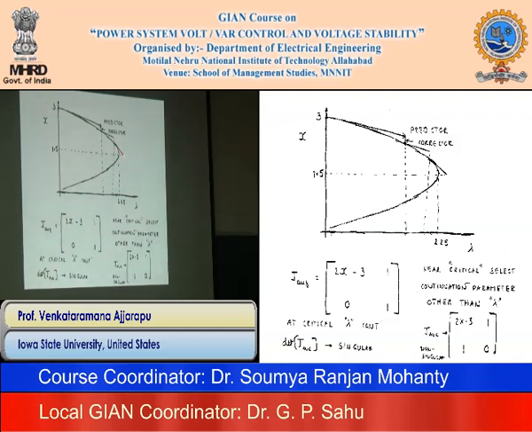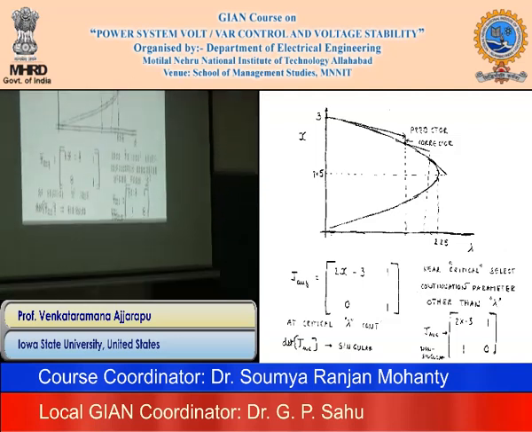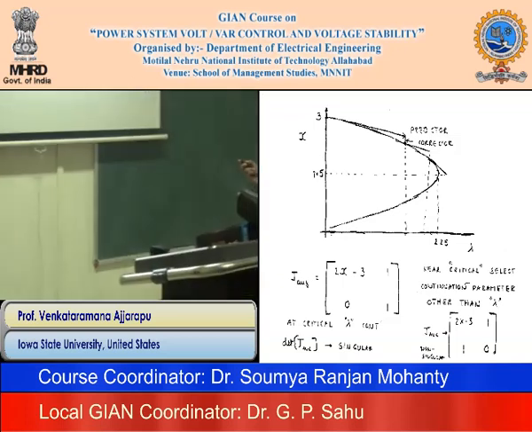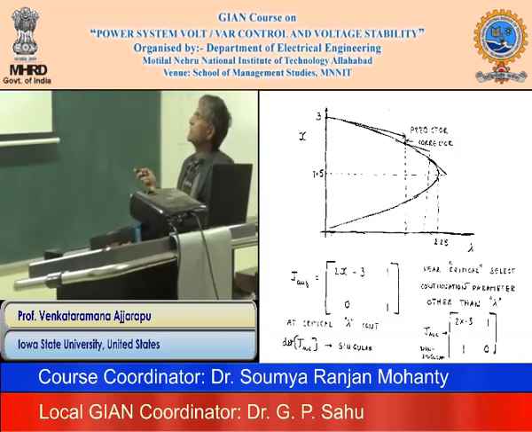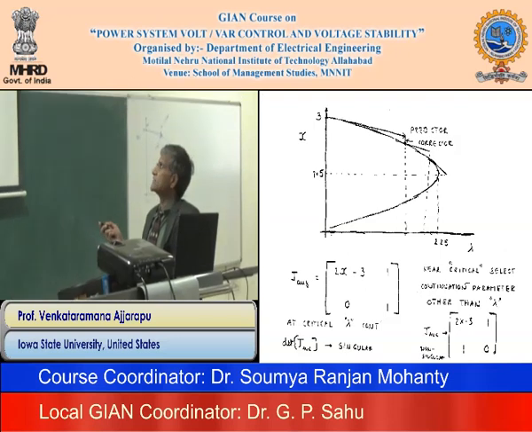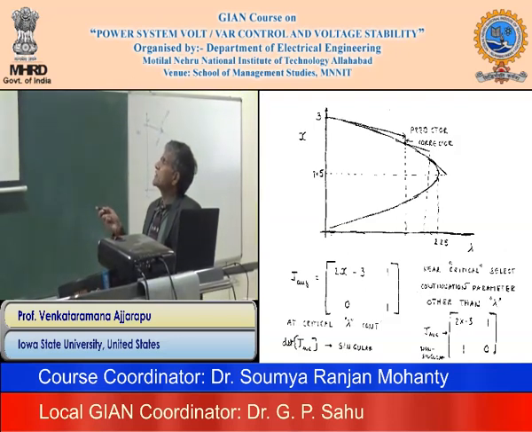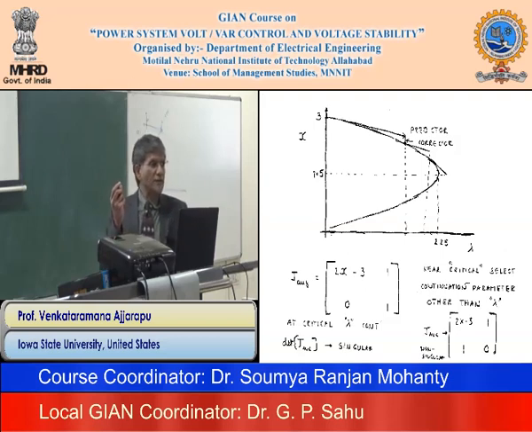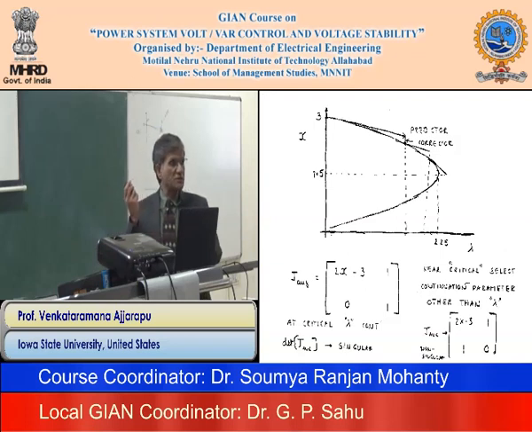So you may ask, how do I know it is crossed, right? So one way to know that is, obviously you may not get a solution there, which indicates that you exceeded that value. The other one is on the bottom part of the curve, the derivative becomes negative. The top part derivative is positive, or d lambda is positive, and the bottom part d lambda is negative.